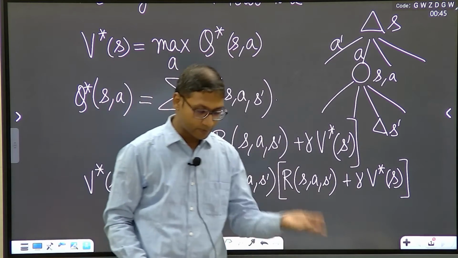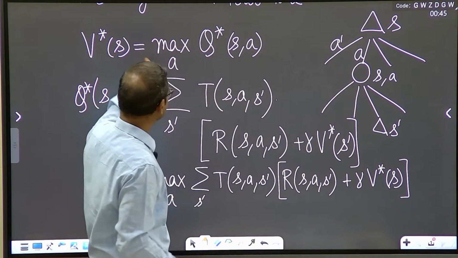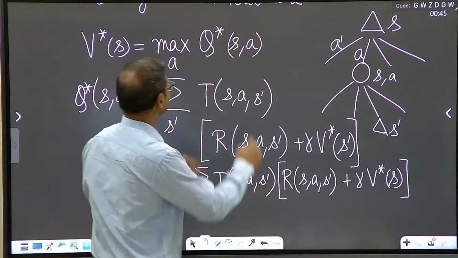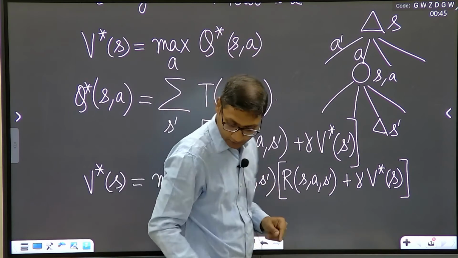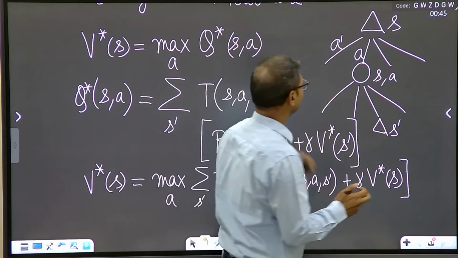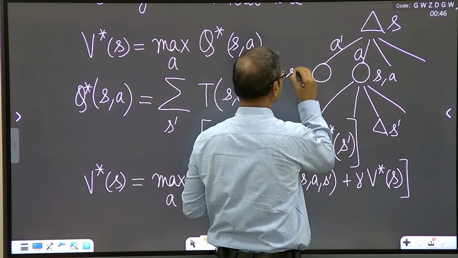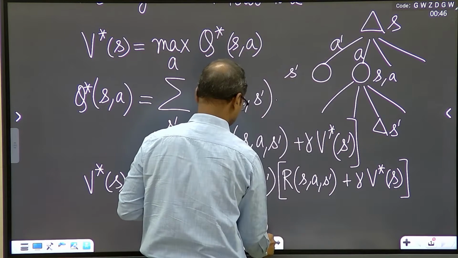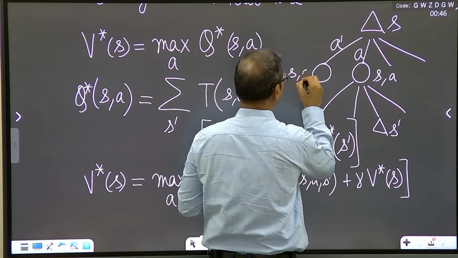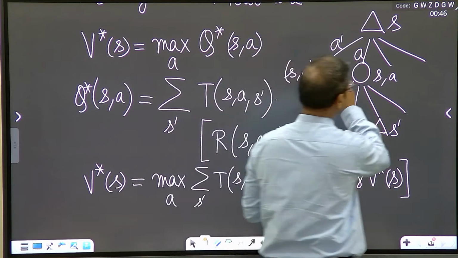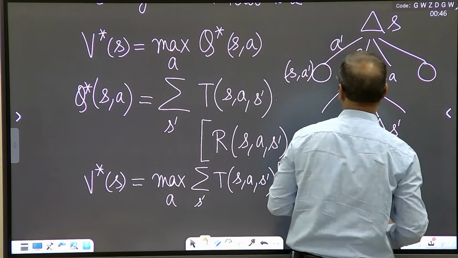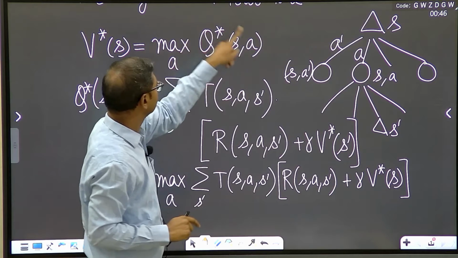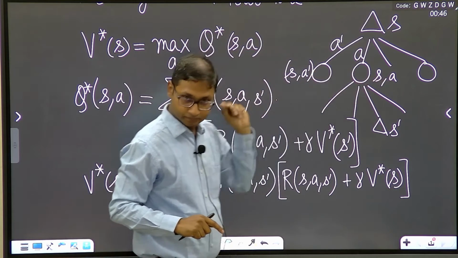Whichever action maximizes Q star S comma A. You will have S comma A for this, you will have S prime, you will have S comma A prime for this one, and similarly you will have values for all these. Which one becomes V star? The one that is maximum of all this, right?